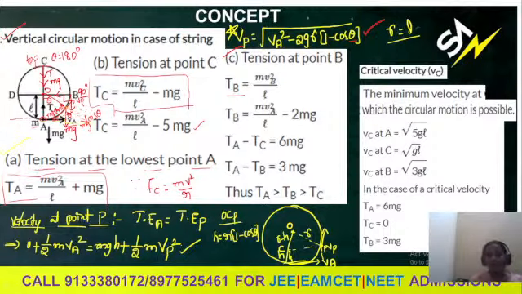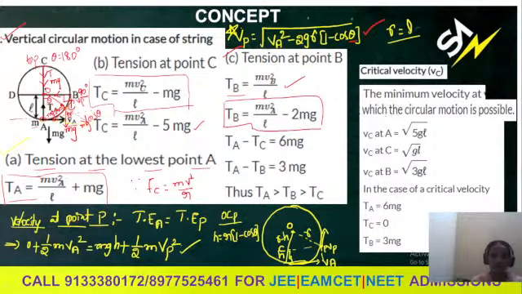So the only force towards the center at point B is tension, and it experiences the centripetal force, that is mv square by r. It is at B, so mVB square by r, where r is equal to L. So this is the tension at point B. Again we substitute velocity at point B, VA square minus 2GR. So as per that, tension at point B will be equal to mVA square by L minus 2mg.